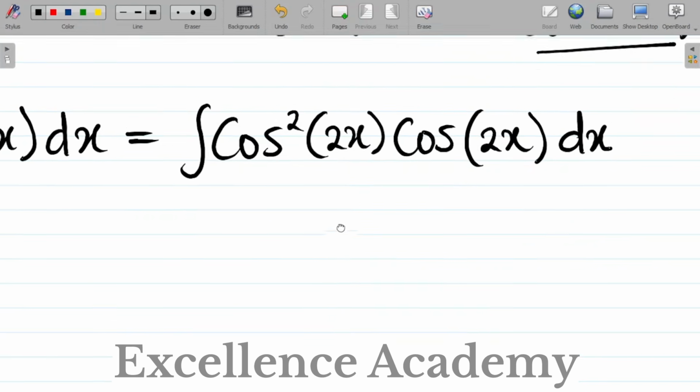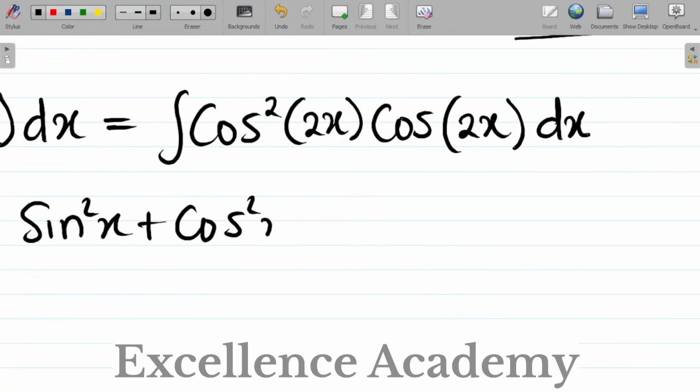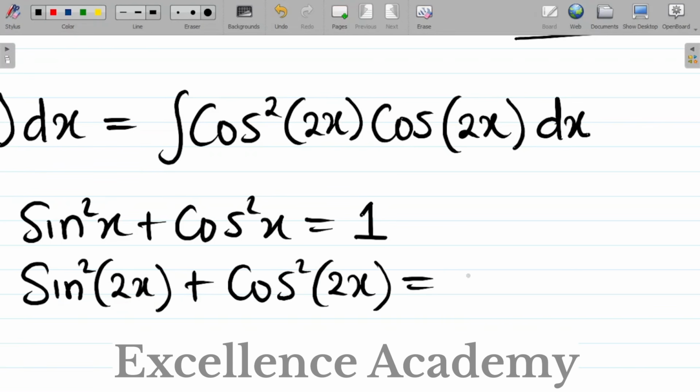Next up, we also want to recall a trig identity that sine squared x plus cos squared x is equal to 1. If we choose to, instead of writing x, we put 2x, saying sine squared 2x plus cos squared 2x is equal to 1, this would still be correct.